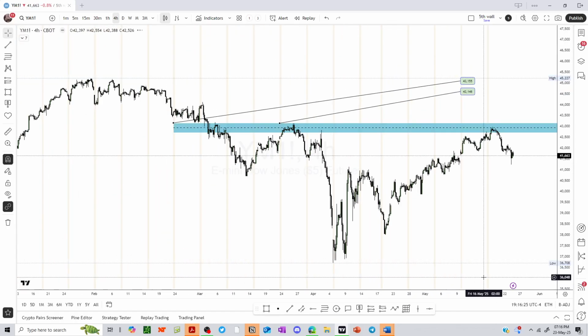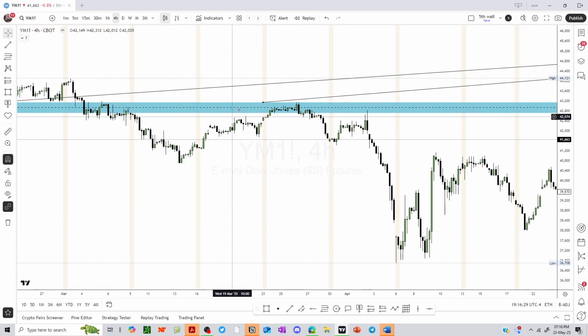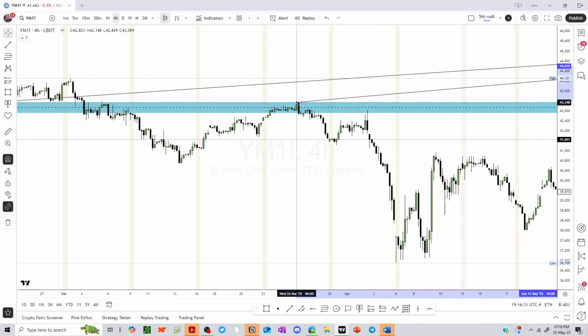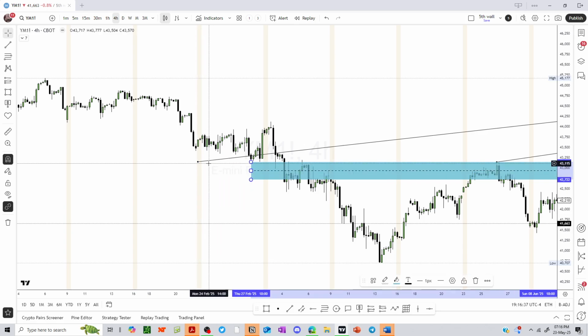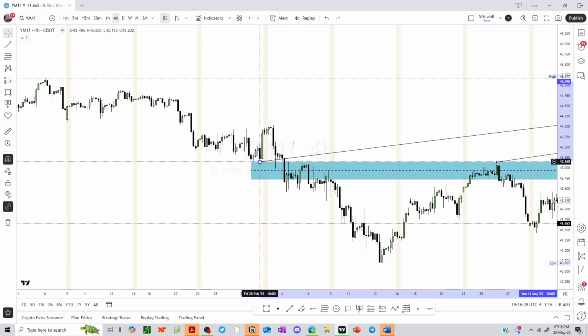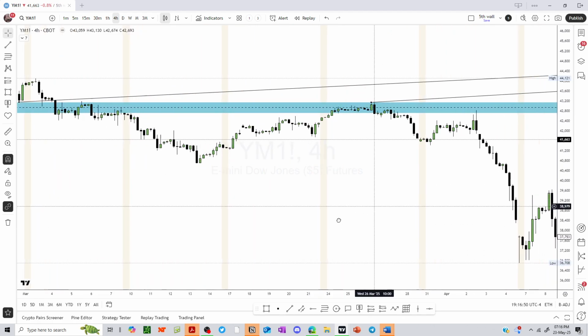But on a lower time frame, you can see that price stabbed above, traded back down, drew the opportunity, traded back up, and pretty much stayed below consequent encroachment, then fell.